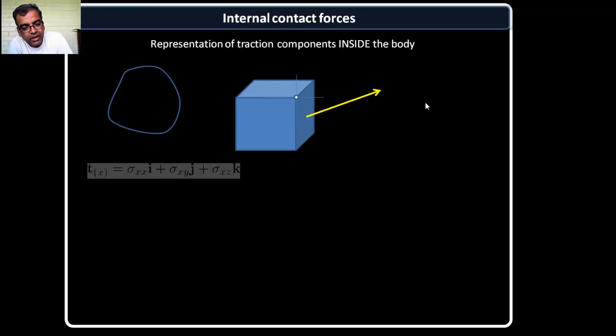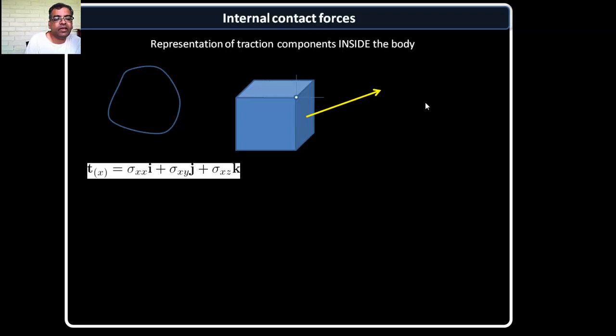On each of the faces there are forces. This is the force per unit area on the x face, and it has three components: sigma xx, x face x force, x face y force, x face z force. So remember, it is force per unit area. So that is sigma xx i plus sigma xy j plus sigma xz k.